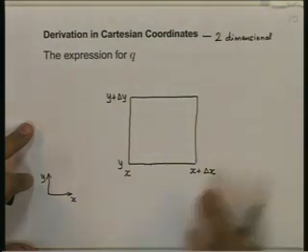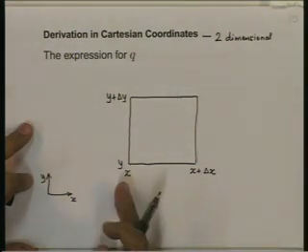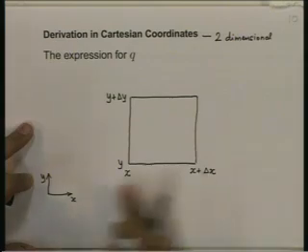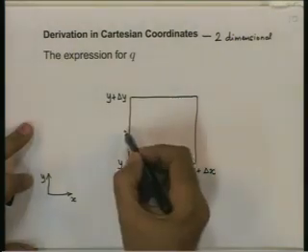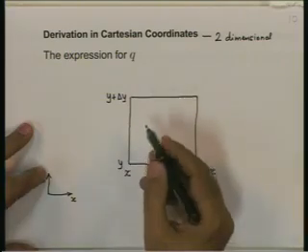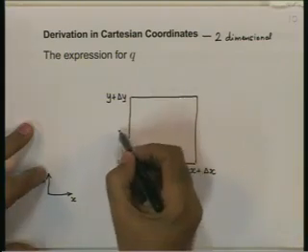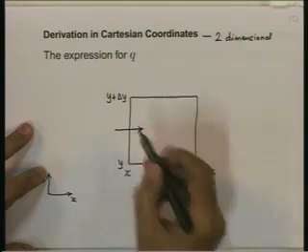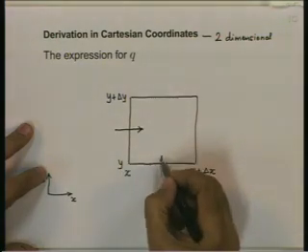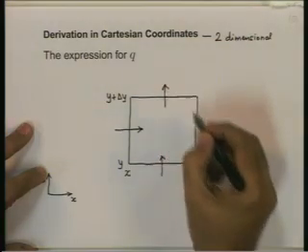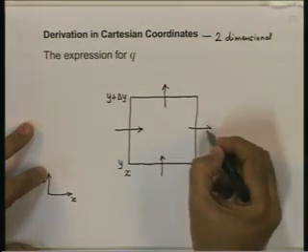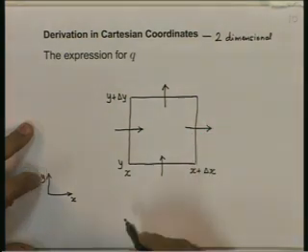Just for convenience, you could even take x minus delta x by 2 to x plus delta x by 2. We will have heat flowing in by the process of conduction from here and here, and heat flowing out like this. I am showing heat flow rates in the positive x and positive y direction.